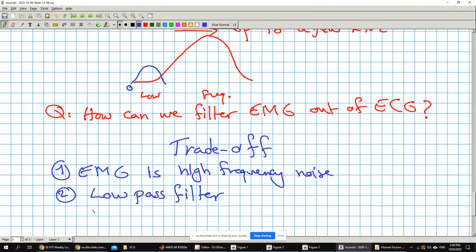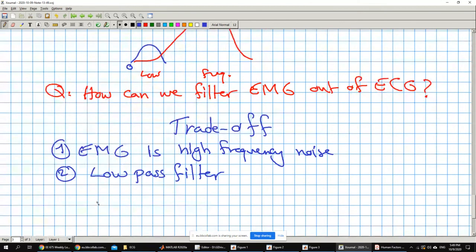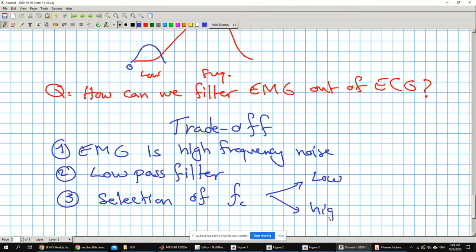The trade-off becomes the selection of the cutoff frequency. If I make it extremely low or extremely high.